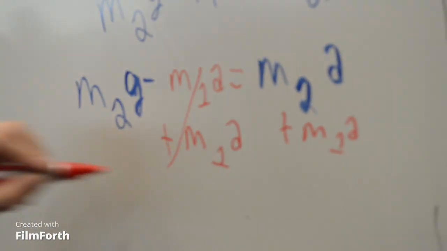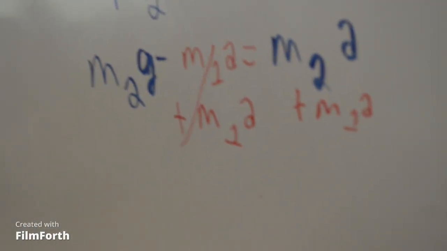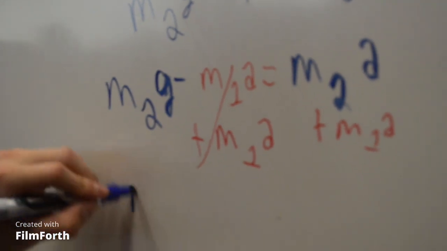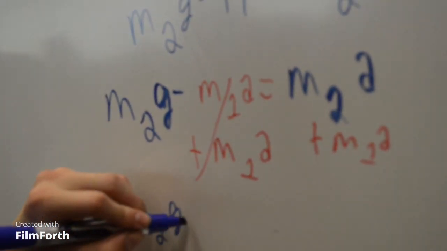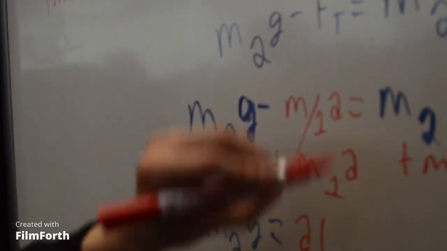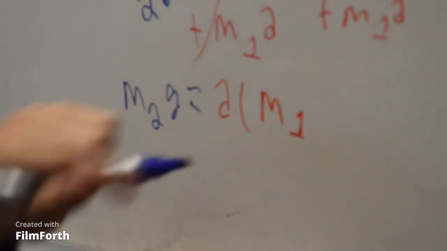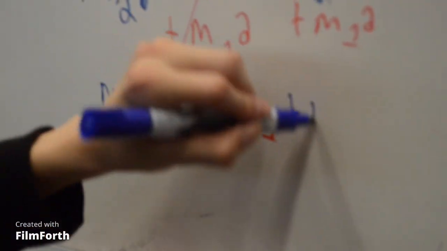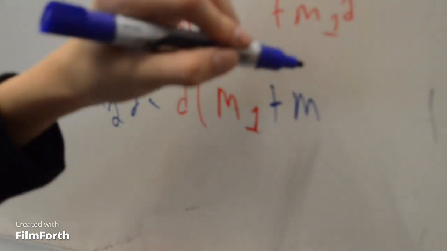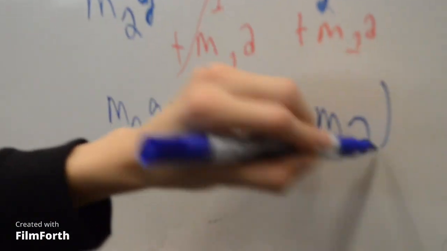They cancel out, and now you get that the weight of mass 2 equals the acceleration multiplied by the sum of mass 1 and mass 2. I factored out A for a reason, because you have variables on both sides, so you can factor it out.